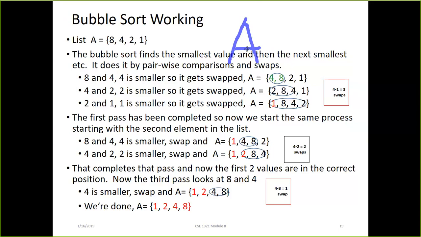So the logic is that we will use a bubble. A bubble means we usually draw just the edges of a bubble, and we will compare the ending values, not the values inside the bubble.